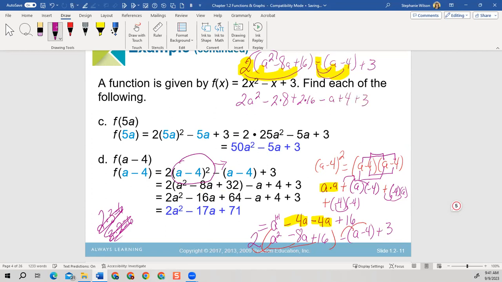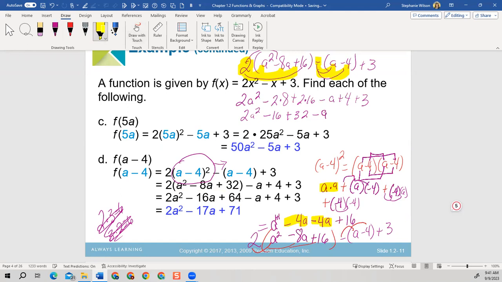All right, we're almost done. So now I got 2a squared. Go ahead and bring it down. 2 times negative 2 times that positive 8. And actually it was the positive 2 times that negative 8, but I went ahead and just put it that way. That's going to give me a negative 16. Then I have a positive 2 times that positive 16 is 32. And then I'm going to bring the negative a down, but that 4 plus 3, I can put that together, right?